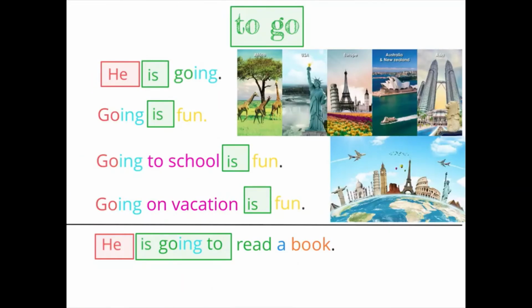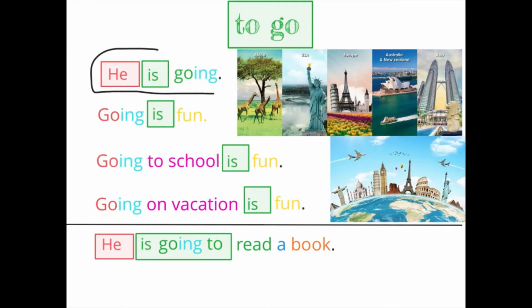Next, we're going to talk about the verb to go. We can use this verb in many different ways. We can use it as part of the verb, he is going. In this sentence, here's our verb go, we add ing, and it becomes part of the verb, he is going.